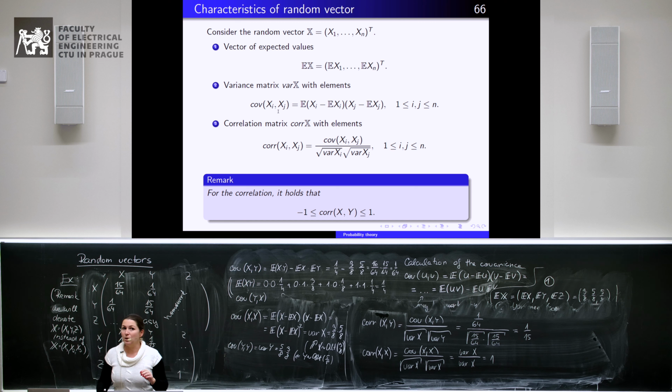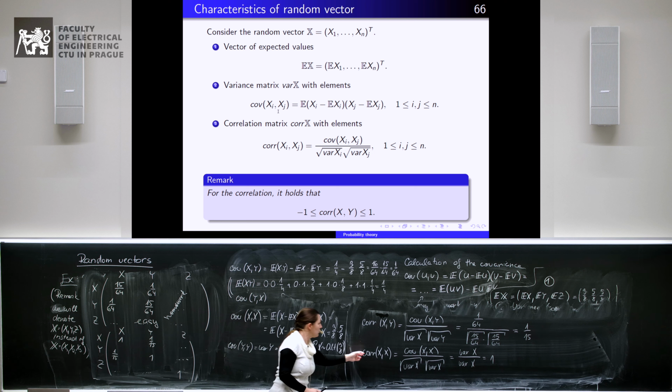The correlation is equal to 1 also in the case that we have two random numbers where one random number is a positive real number times x.